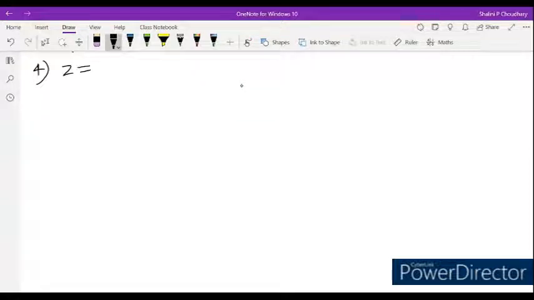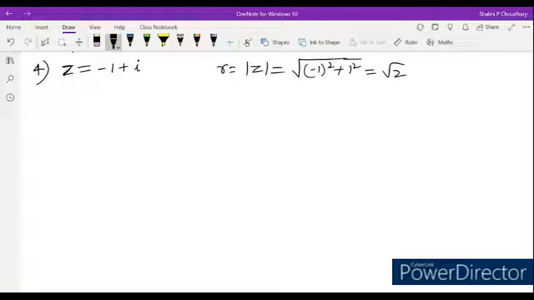So z is equal to -1 plus i. Okay, so here r will be equal to the modulus of z, that is equal to square root of (-1) squared plus 1 squared, and that will be equal to square root of 2. It means the value of r is equal to square root of 2.